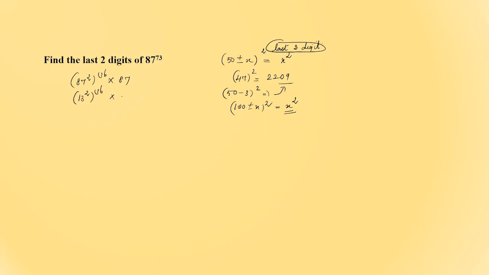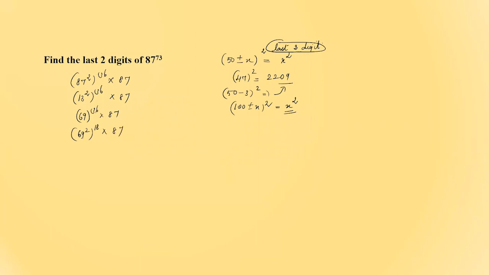Now 13 square, what are the last two digits of this number? 169. So 69 is going to be the last two digits of 13 square, whole power 36 into 87. Again, I can say that 69 is nothing but 50 plus 19, so I can write this as 69 whole square whole power 18 into 87.